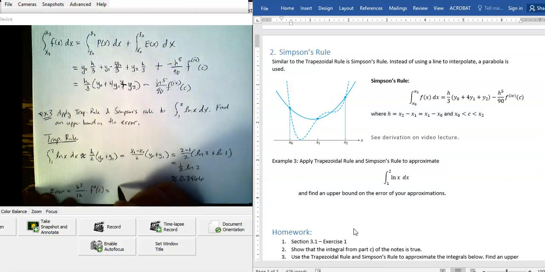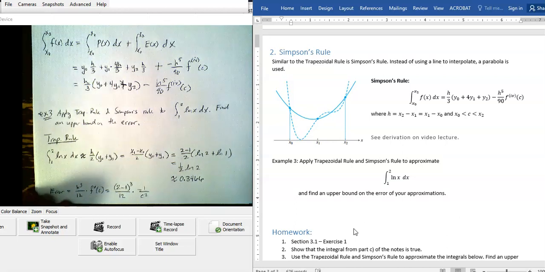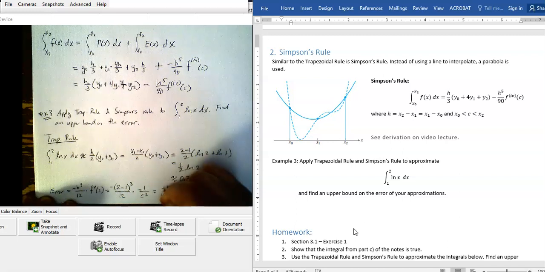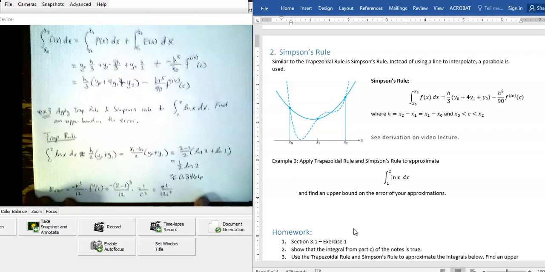So here we'll have 2 minus 1 to the third over 12 times negative 1 over c squared, or negative 1 over 12 c squared. Excuse me, this should be minus, right? Minus, so it's minus and plus. All right.